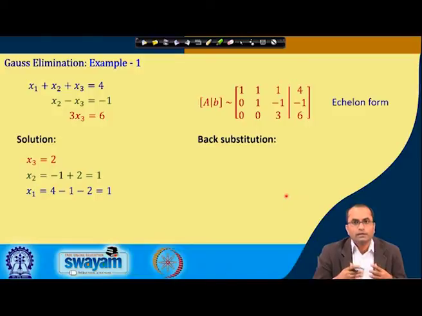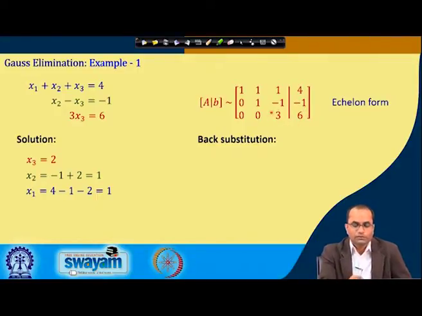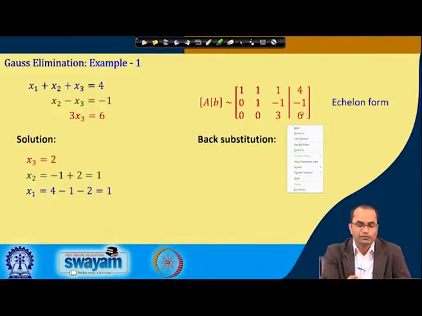The second was reducing to the echelon form by doing row operations. The last step of the Gauss elimination is going to be back substitution, where we will get the solution of the system. So, in back substitution, we will start from the bottom here with the last equation, which says 3 x 3 is equal to 6.